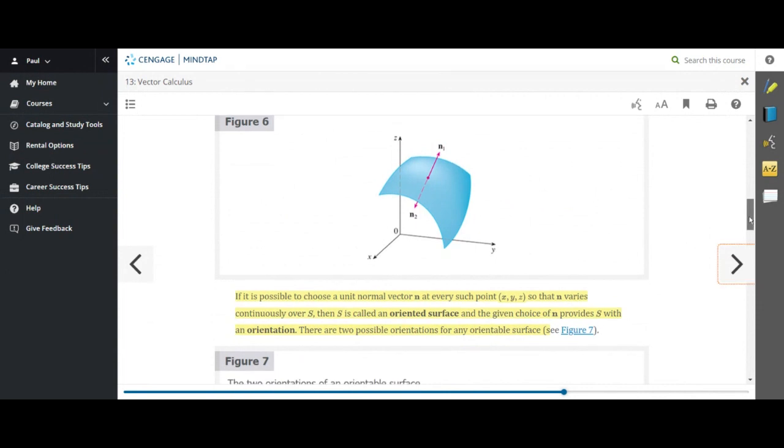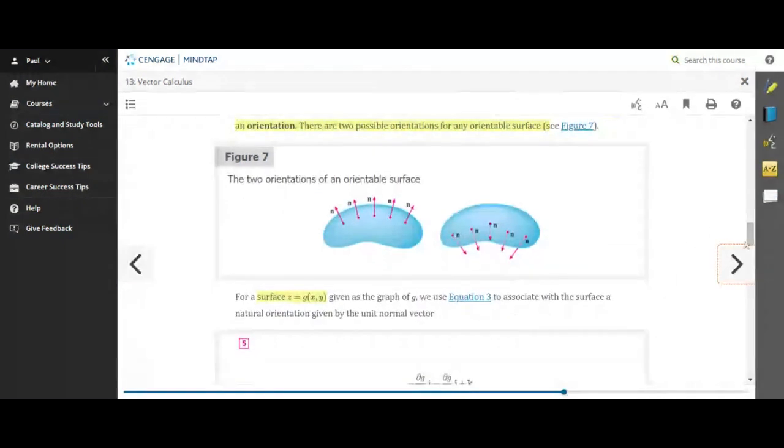But they're directing us to figure 7. And these are two orientations for an orientable surface. So fluid could flow out from the surface from a source, or it could flow into the surface from a source.